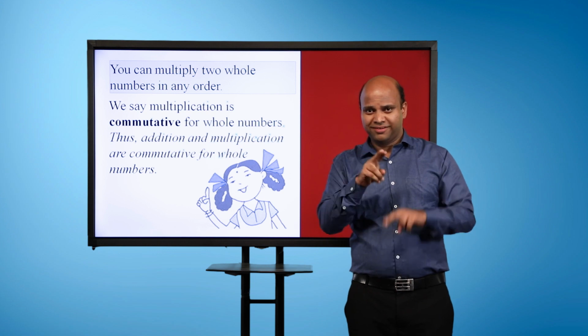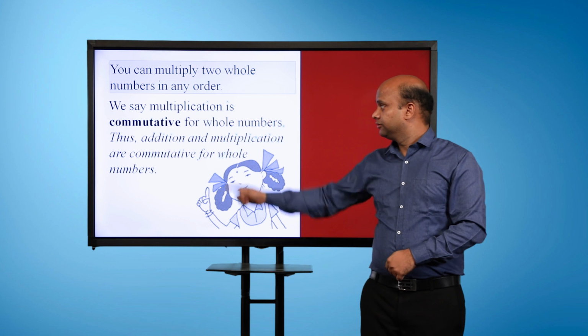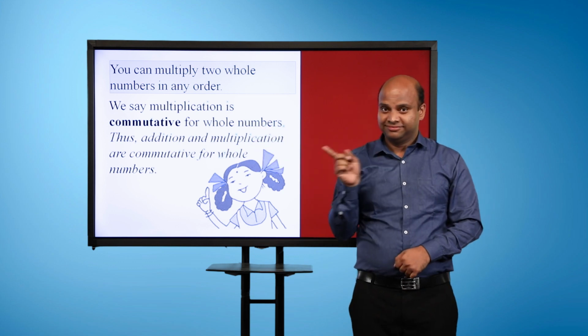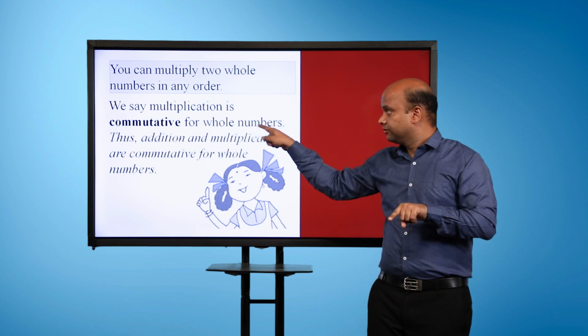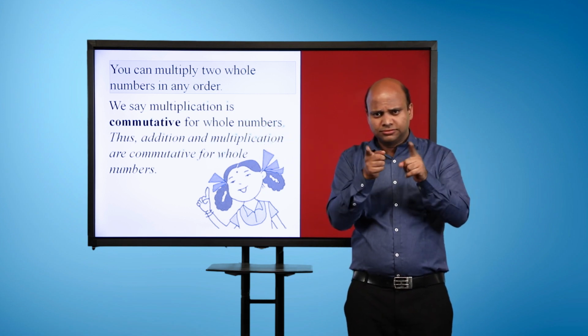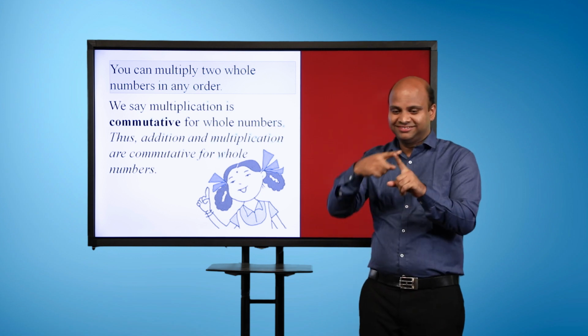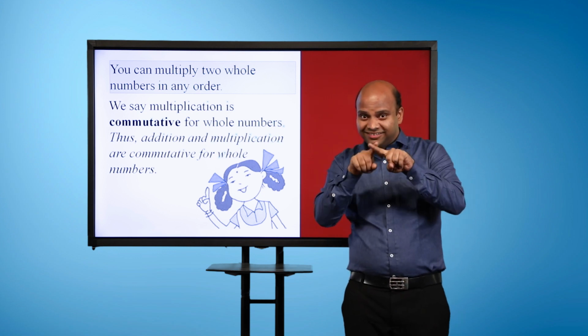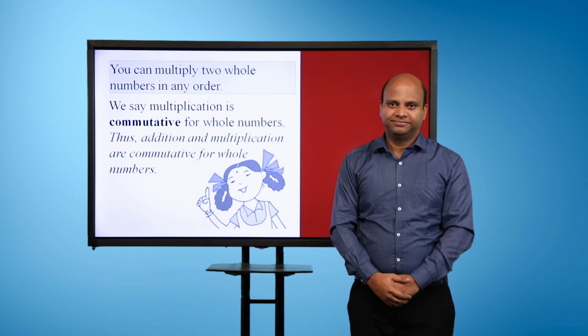You can multiply two whole numbers in any order. We say multiplication is commutative for whole numbers. Thus, addition and multiplication are commutative for whole numbers.